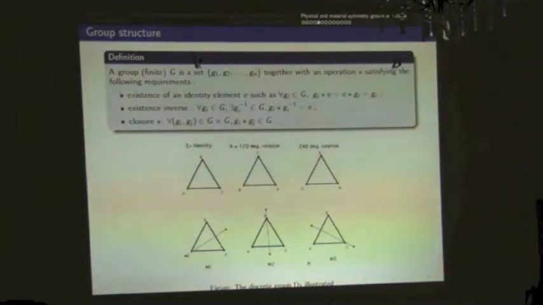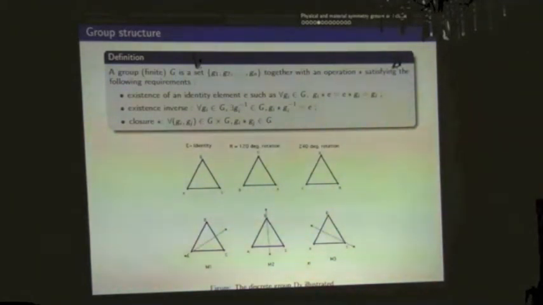And what makes this set together with that operation a group is the fact that you have closure. It's the third point, but I will begin with this one. The closure means that if you take two elements and make the product of those two elements, the result will also belong to your set. Any combination of elements taken within your set gives you, as a result, an element in your set.